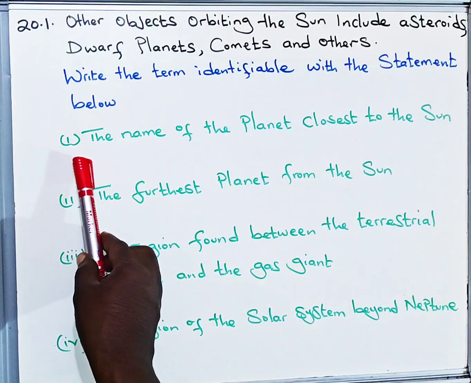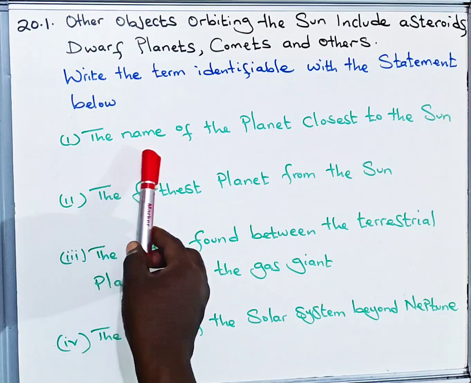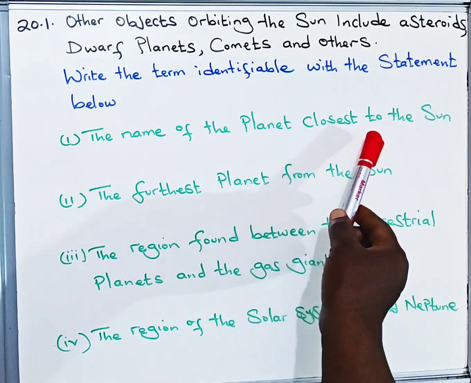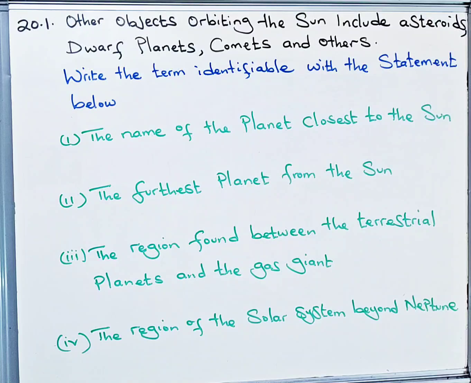The first one is the name of the planet closest to the sun. Remember, we have 8 planets. The first category closest to the sun is made up of 4, which we call terrestrial planets. And then comes the other category, which we call gas giants.